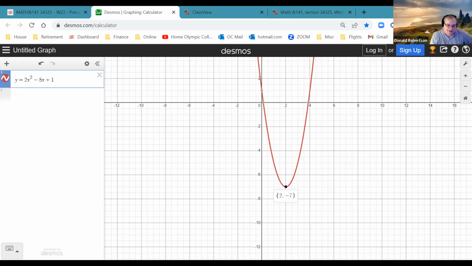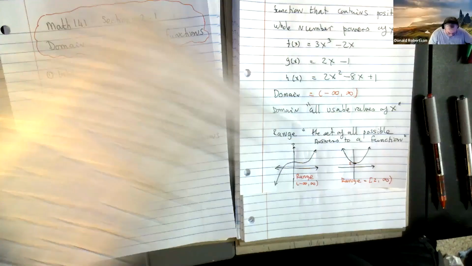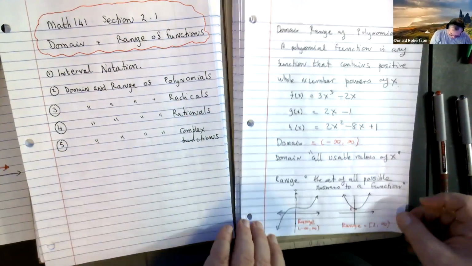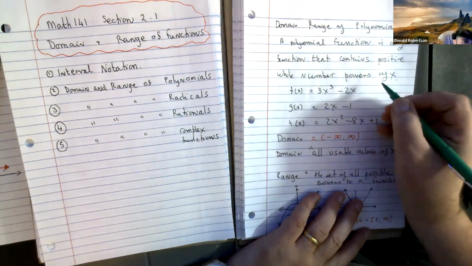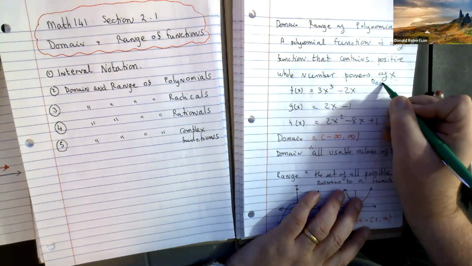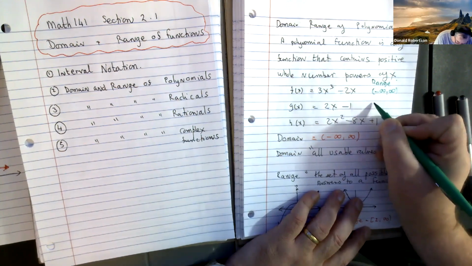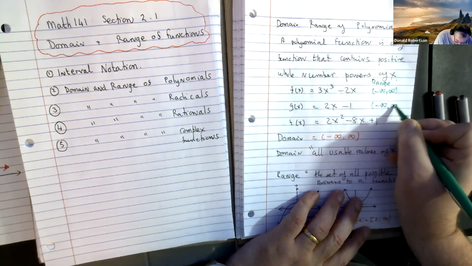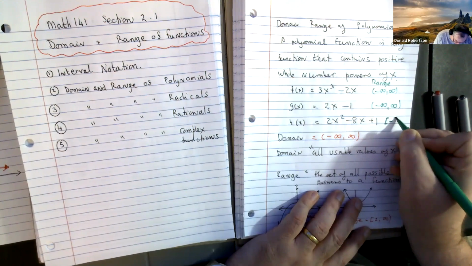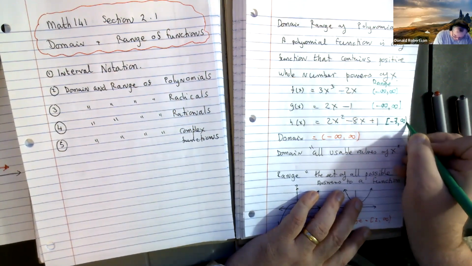So I'm going to return back now to our whiteboard. And I guess I'll do it in green. I'll put the range here. This one was everybody. This one was everybody. But this one was -7 to infinity.